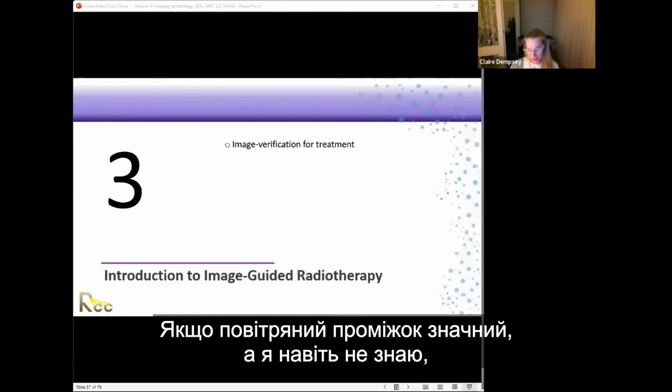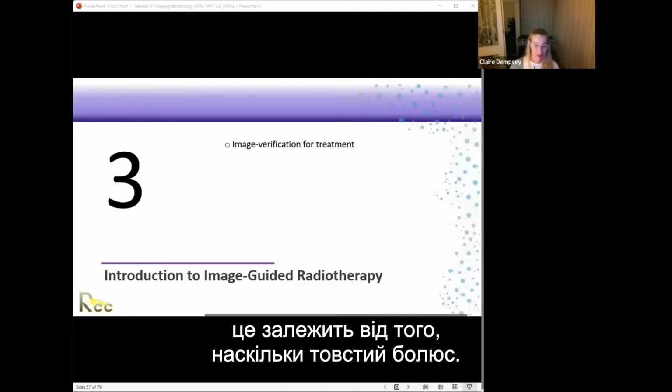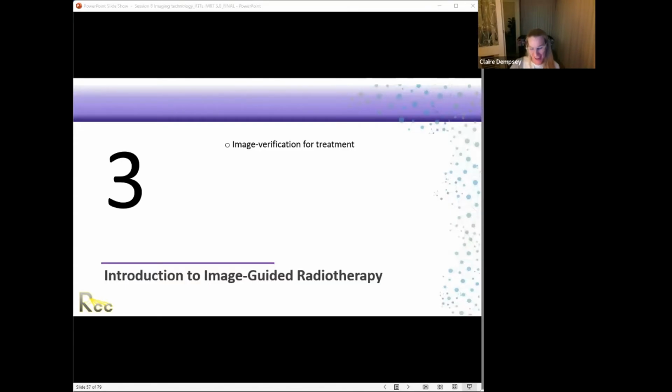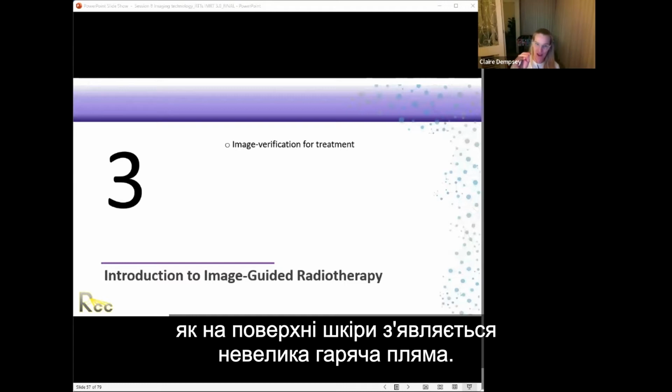If the air gap is significant, and I don't even know what you deem significant, 5 millimeters, I guess it depends how thick the bolus is. Let's say it's 5 millimeters, you will start to see a little bit of a hot spot appearing on the skin surface.